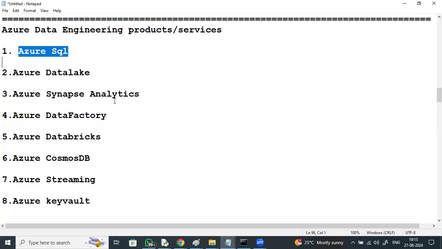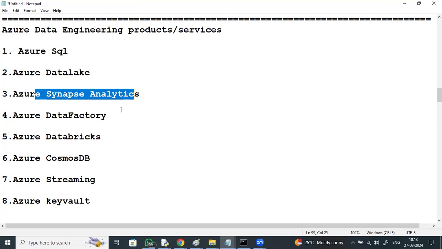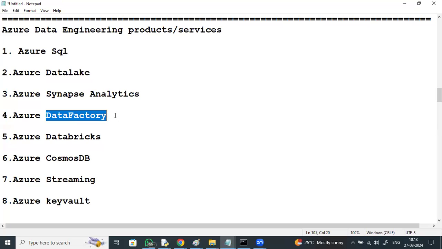This one is for RDBMS, this for distributed file system, this for data warehouse purposes, this for integration, this for working with a Spark kind of environment, this for analytics, this for NoSQL, this for streaming, and this for protecting your data on the cloud.